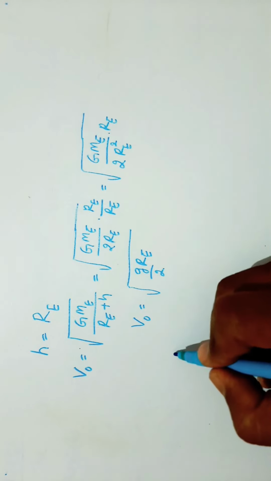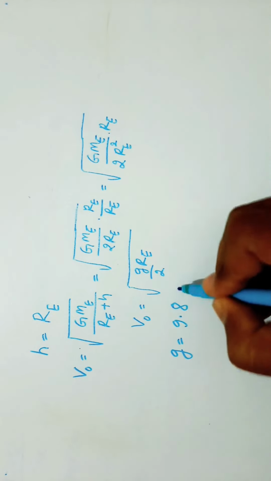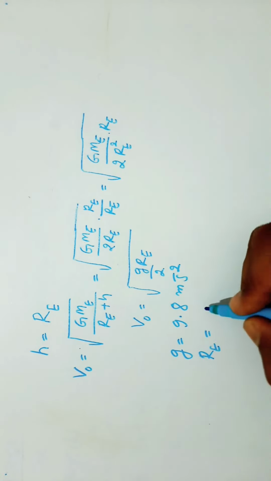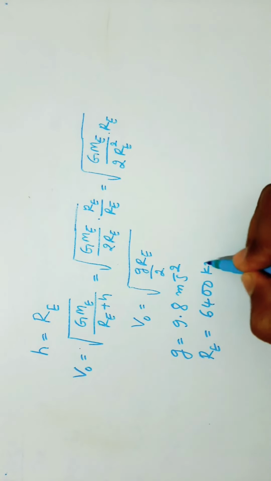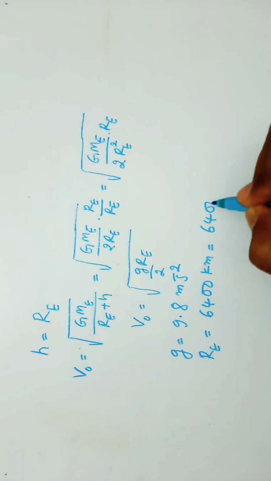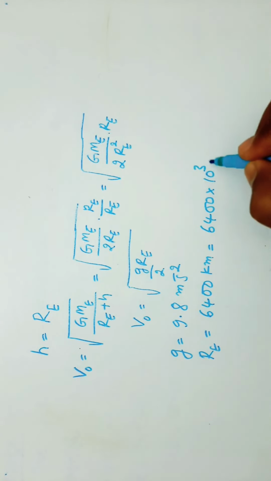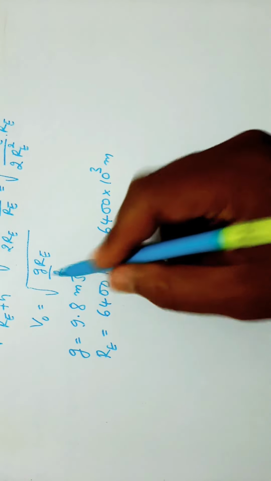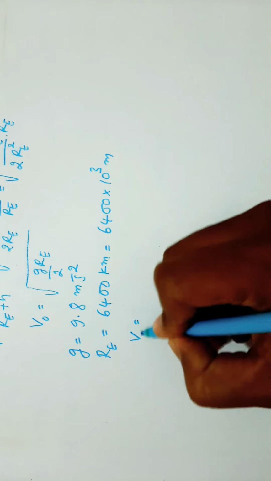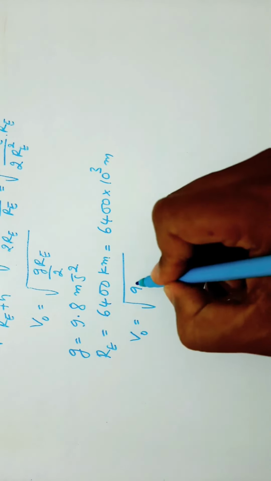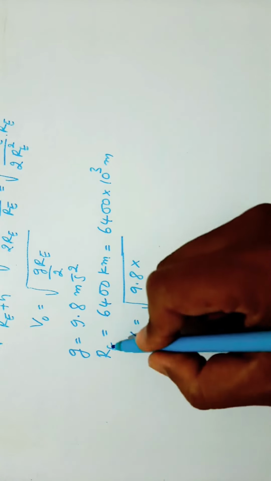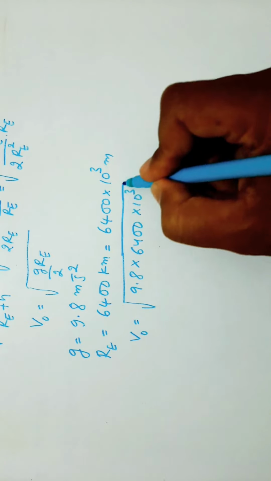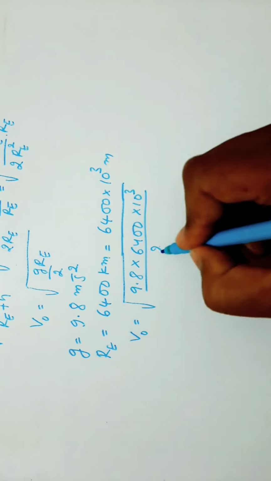Here we know the g value, that is 9.8 m/s². We know Re, the radius of the Earth, that is 6400 km, so that is 6400 × 10^3 meters, since kilo is 10^3. Substitute these values in this equation: v0 is equal to the square root of 9.8 × 6400 × 10^3 by 2.